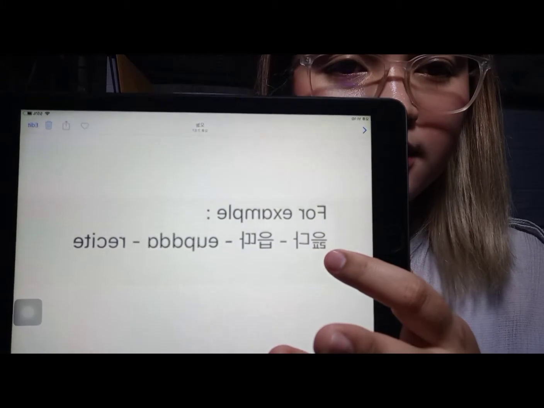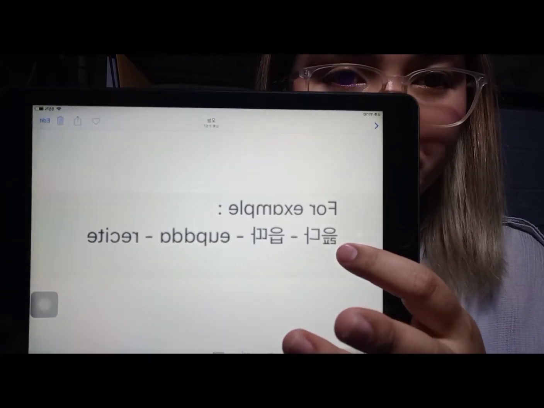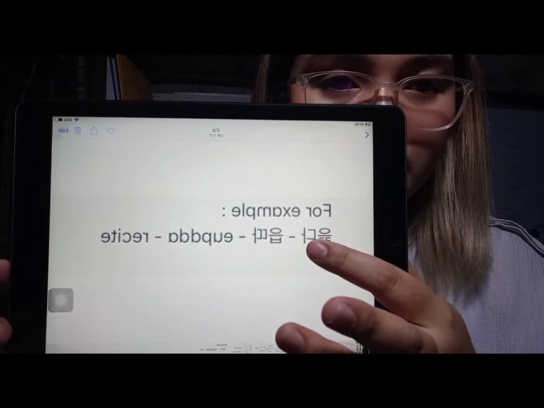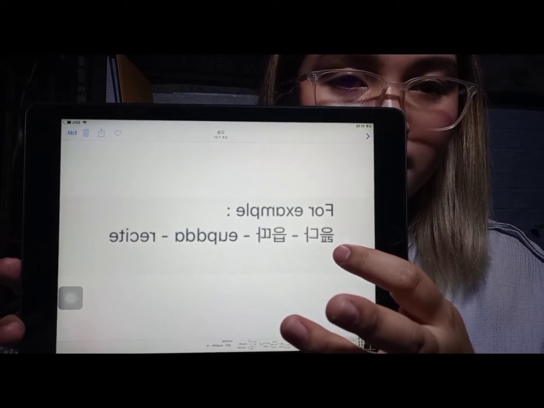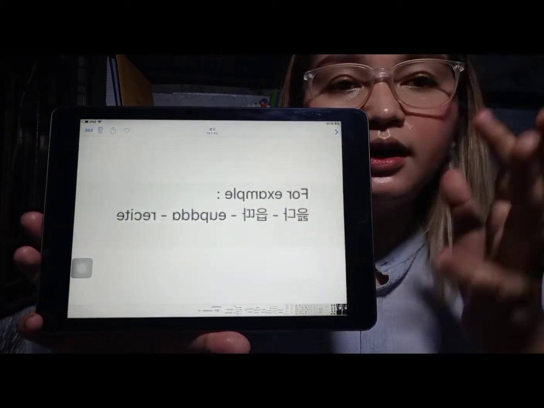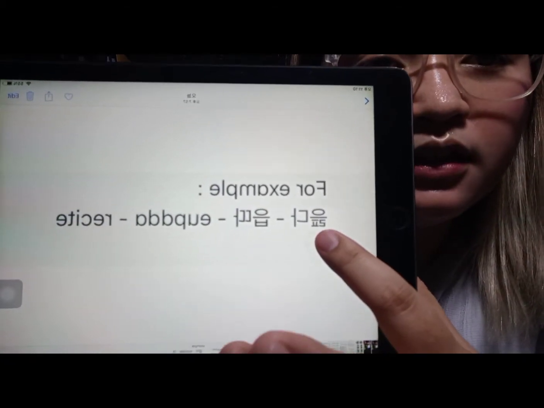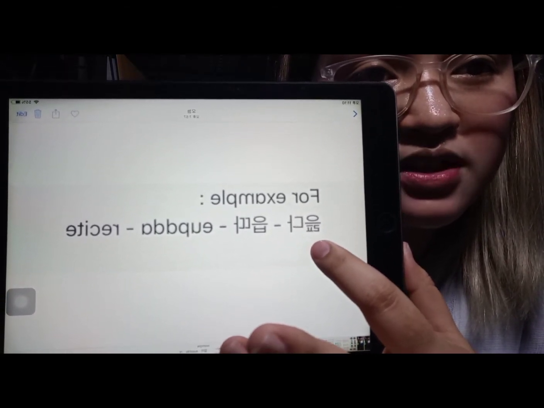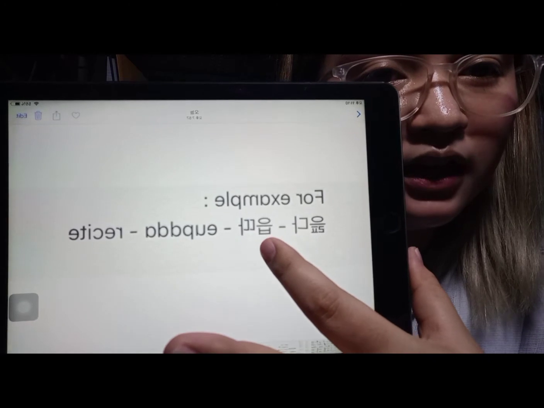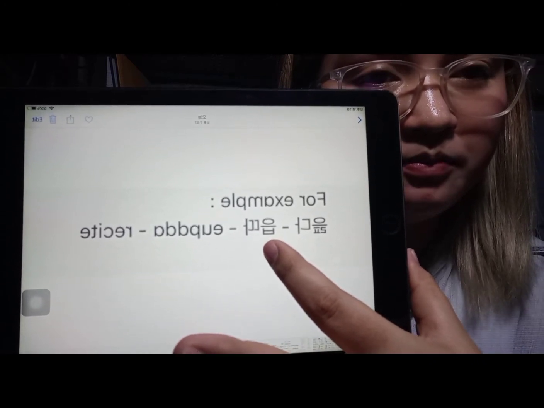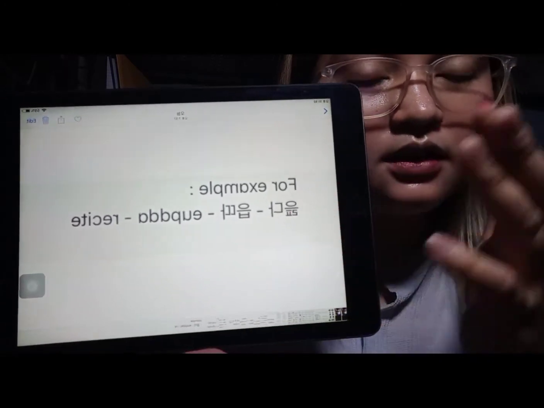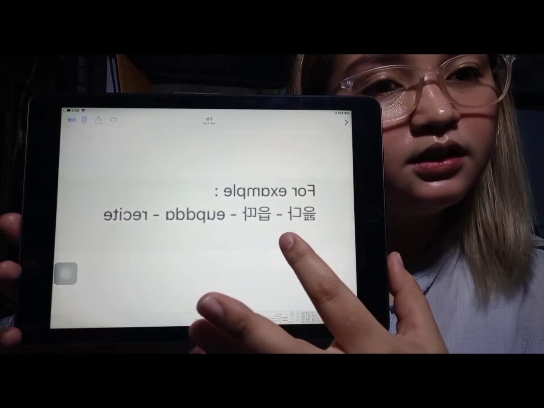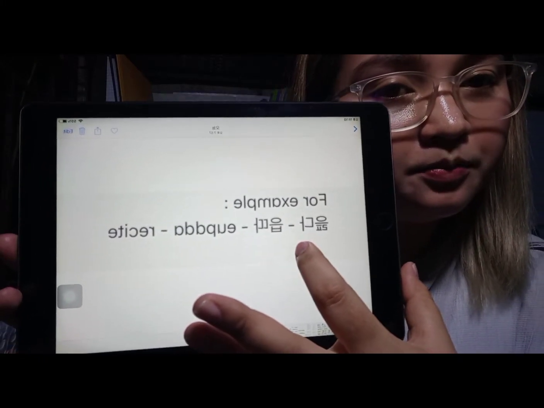Like, for example, this one. Diba? Upta. So, ayun. Yung Lil Piyok parang hindi binasa. Hindi siya na-pronounce talaga. Dahil ang ipinalit ay Piyok. So, upta.